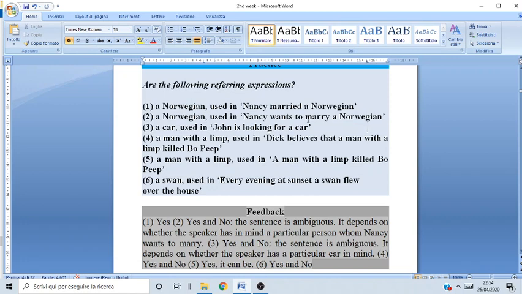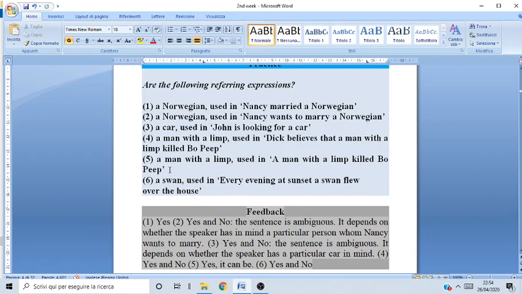Okay. So again, same thing. Number 4, Dick believes that a man with a limp killed Bo Peep. It depends, obviously, on how you interpret the sentence, okay? Because maybe he has a specific person in mind, or maybe not, it's just generic. A man with a limp killed Bo Peep, number 5.